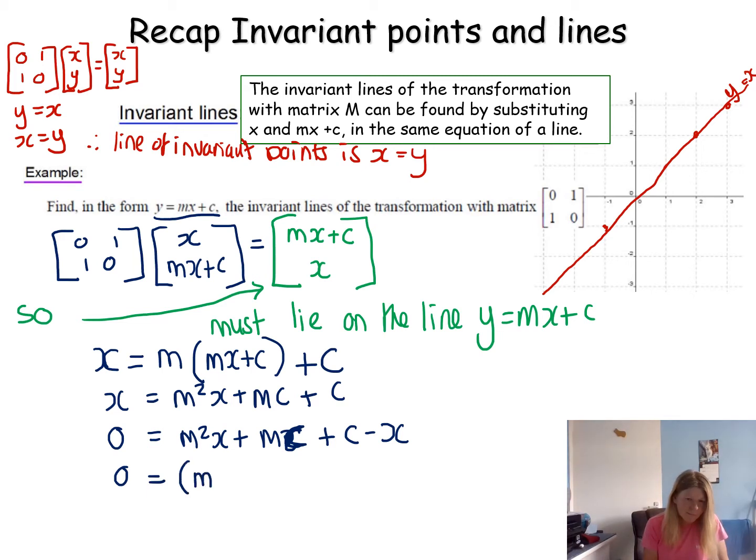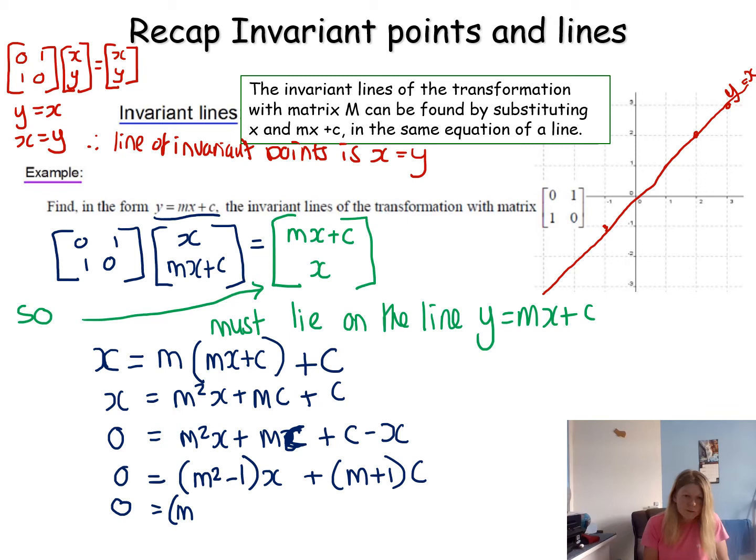We'd have m squared minus 1 lots of x, and we'll have m plus 1 lots of c. So it's now 0 equals mx plus c.